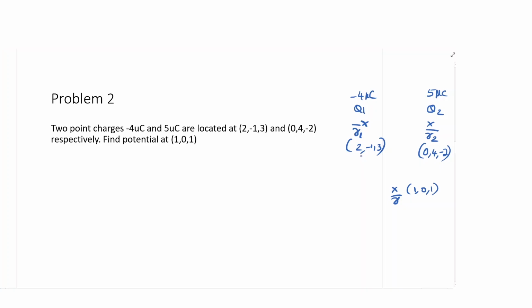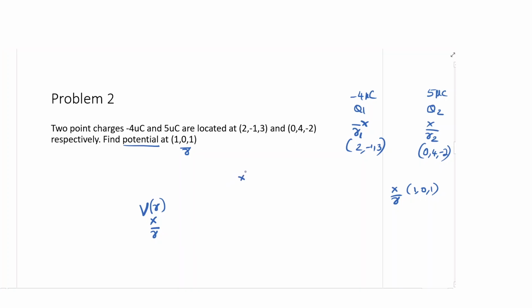For this specific problem all the values are given, but I will explain in general. When you are asked to find the potential at a point, you can represent that point as R. Potential is a scalar quantity. That particular point will be given as vector R, and the potential is due to the other charges.